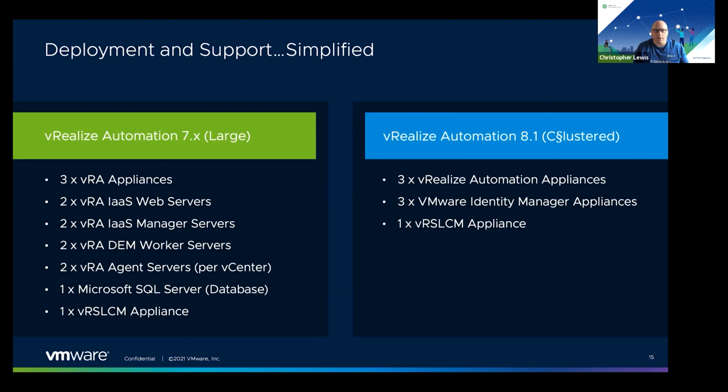And you can actually just have one appliance for automation, one for Identity Manager or Workspace ONE Access, and then a Lifecycle Manager appliance, and then you can scale out to 3 if you want to, based on the service availability you need.